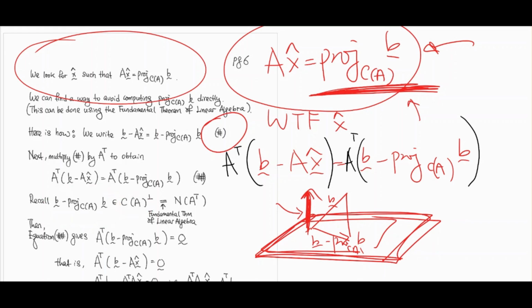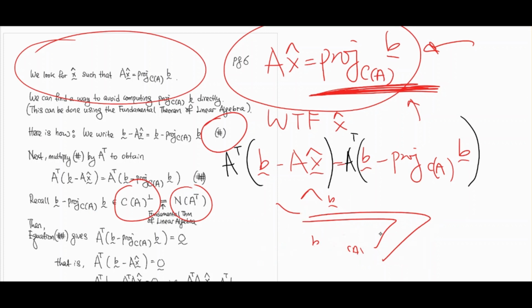Every time you have a projection, b minus the projection is always a member of this perp space. But the fundamental theorem of linear algebra says that the column space of A perp is the null space of A transpose.